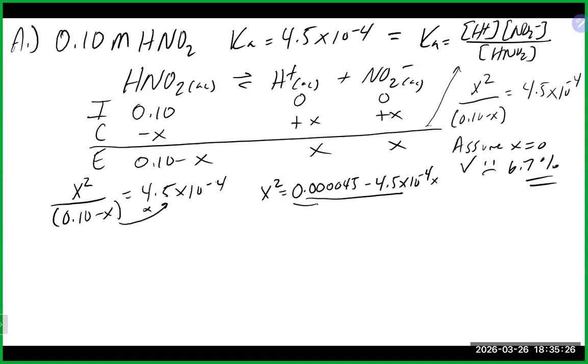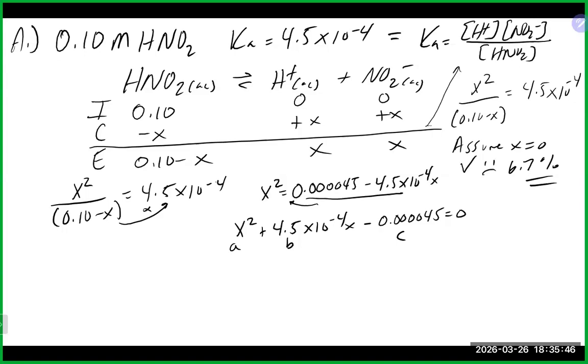Bringing everybody to the same side, we get x squared plus 4.5 times 10 to the minus 4 x minus 0.000045 equals 0. That's going to be our A, B, and C here for our quadratic.